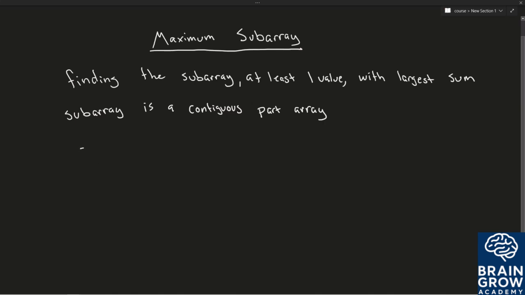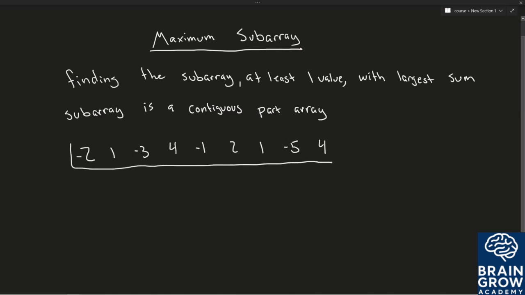So, let's imagine we have an array with -2, 1, -3, 4, -1, 2, 1, -5, and 4 again. So this is our array. Let's split up our values.